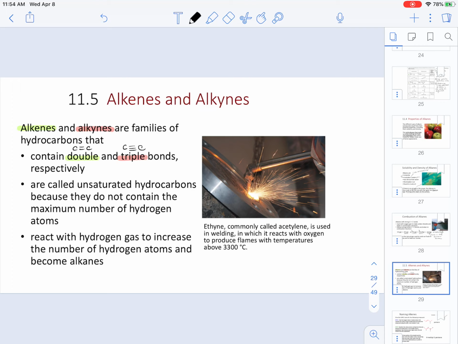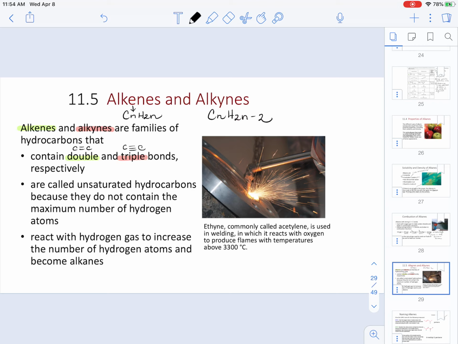The general formulas for alkenes and alkynes are as follows. The general formula for an alkene is CnH2n, while the general formula for an alkyne is CnH2n minus 2.